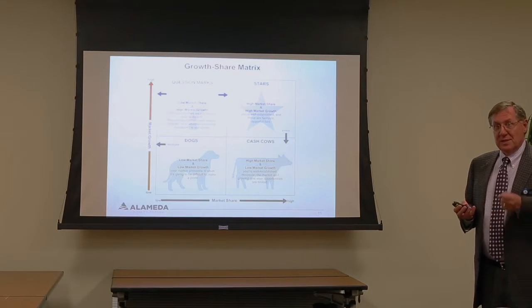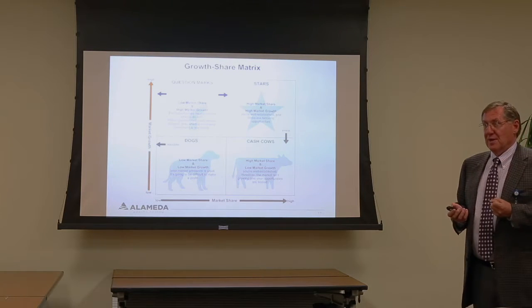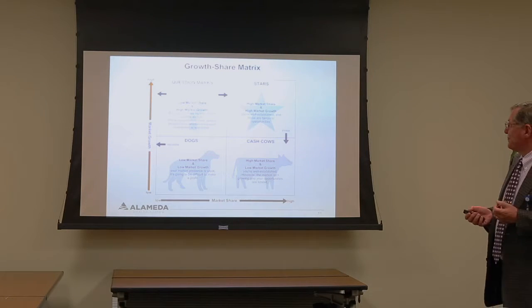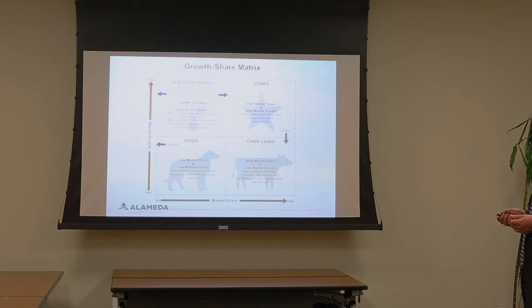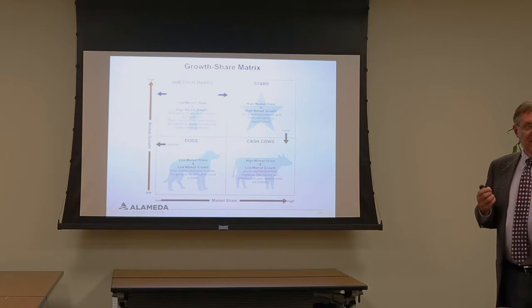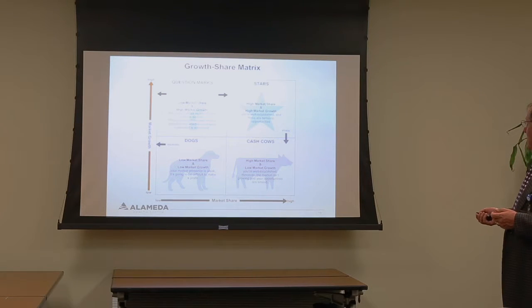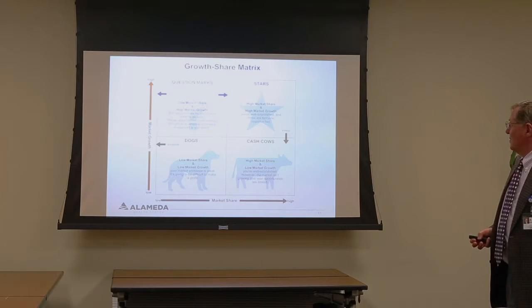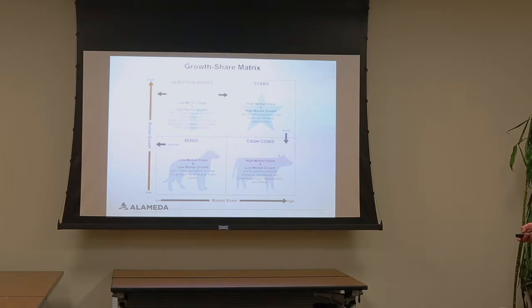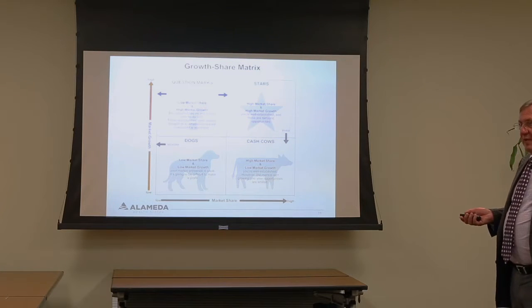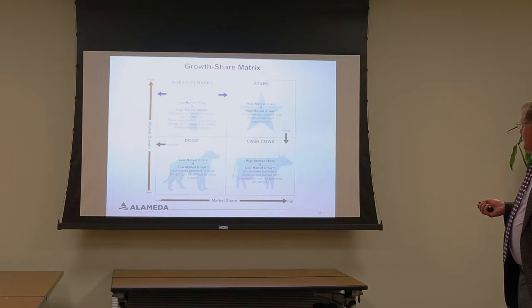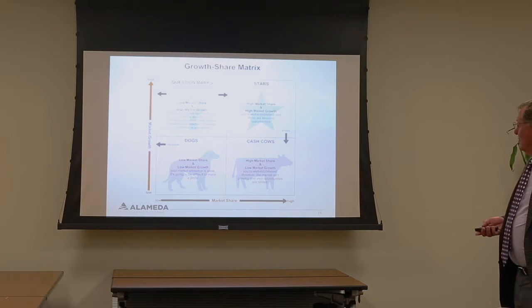But what we want to do is milk the cow and get as much cash out of that as you can. If you have projects that are high market share and high growth, those are your stars. You want to pump money in there and help them become cash cows in the future. And if you have something that's low market share but high growth, it's kind of a question mark. You're not sure. That's probably where you're going to spend most of your time evaluating which of those you think you can move this way or which should be divested.